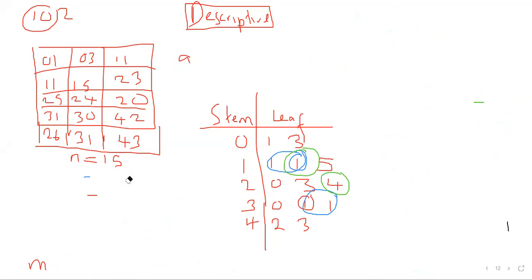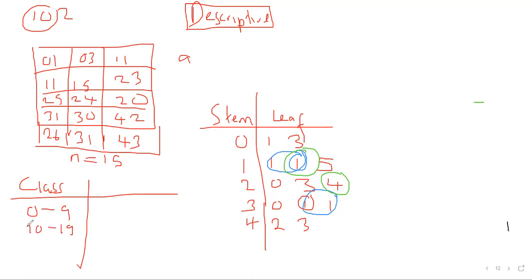Okay. Then we'll convert them into classes. So we have the classes as follows: 0 to 9, 10 to 19, 20 to 29, 30 to 39, and 40 to 49.